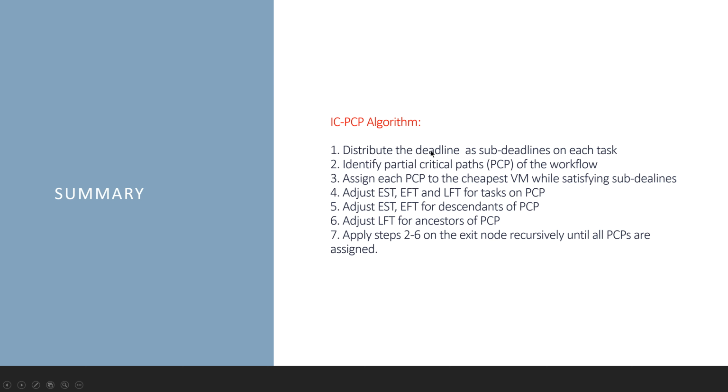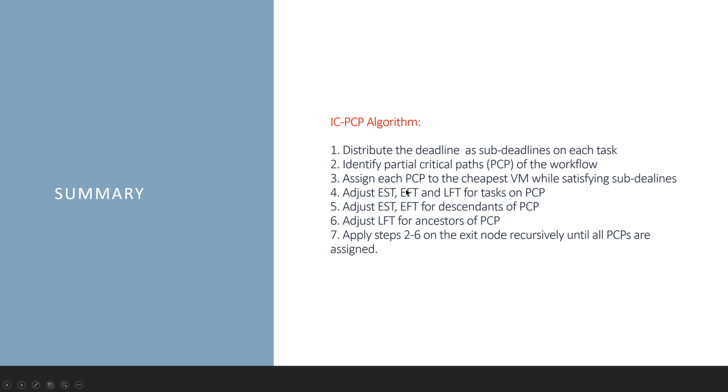So firstly, it distributes the deadline as a sub-deadline on each task, and then it identifies the partial critical path, which is also called PCP, of the workflow, and assigns each PCP to the cheapest virtual machine which satisfies the sub-deadlines, and then recursively adjusts the EST, EFT, LFT for the tasks on this PCP, and then adjusts the EST and EFT for the descendants of the PCP, and adjusts the LFT for the ancestors of the PCP.